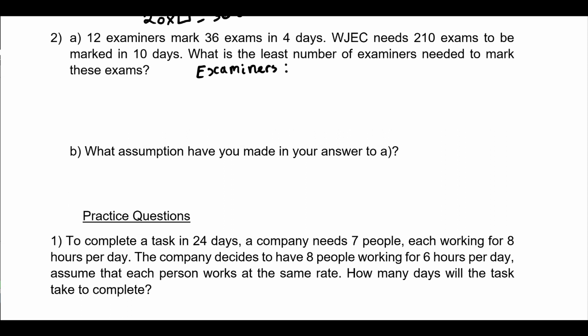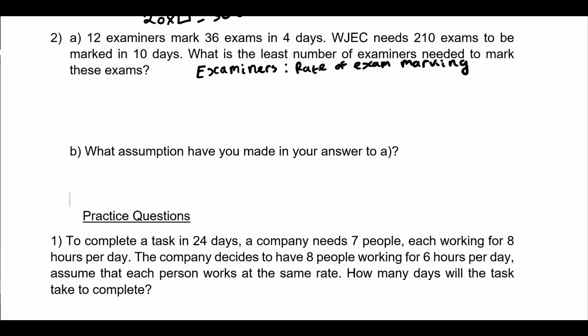Because I'm going to assume that the examiners work at the same rate, this ratio is going to be the same regardless of the situation. So I'm saying examiners to rate of exam marking. That's the ratio I need to look at.